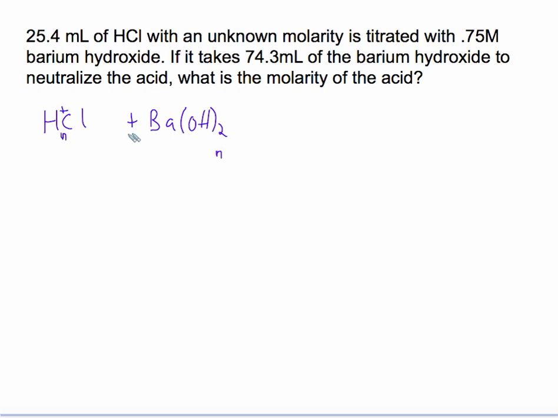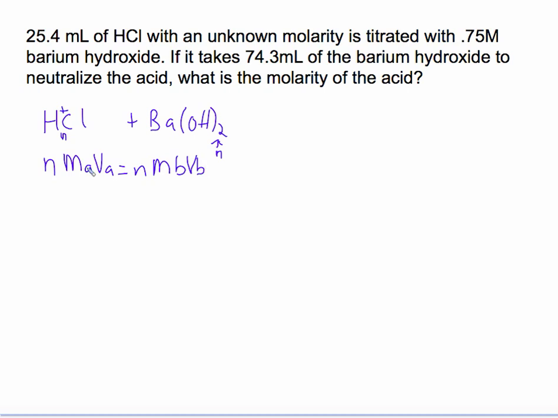But it has to be an H plus acid with an OH type of base to do it this way. So you can see how many OHs to how many H's in the problem by looking at the subscripts right there, and you can use this equation: N times molarity of acid times volume of acid equals N times molarity of base times volume of base.